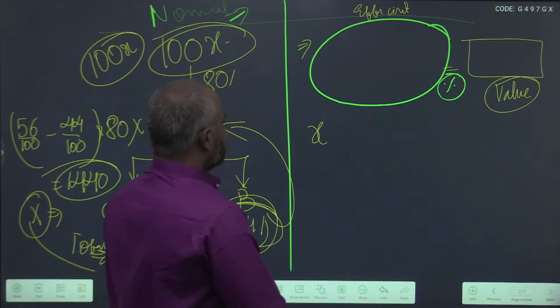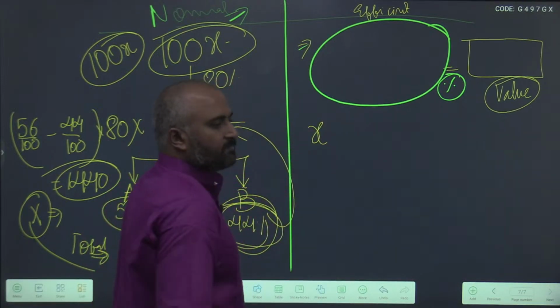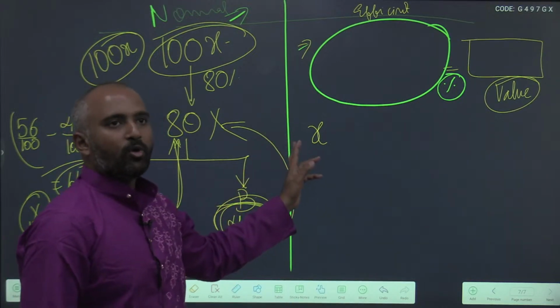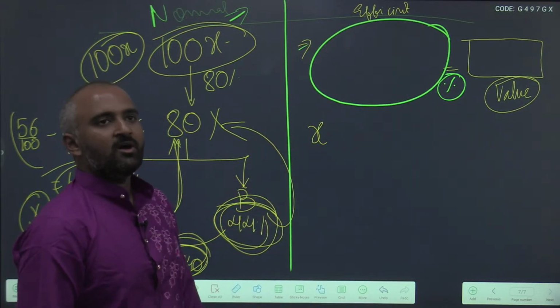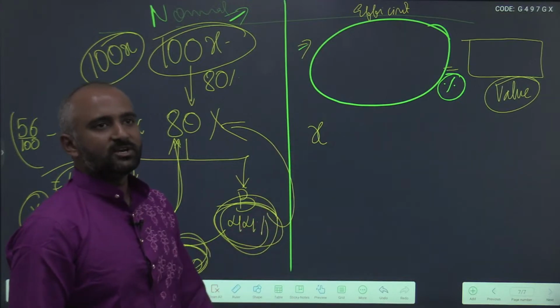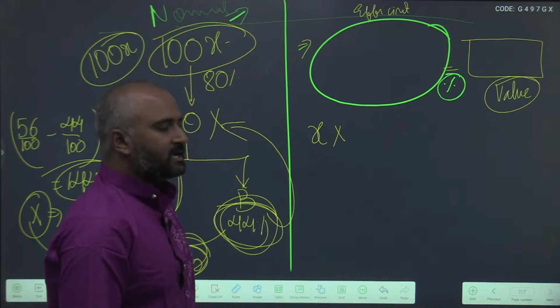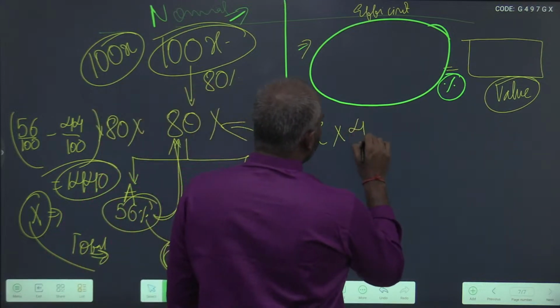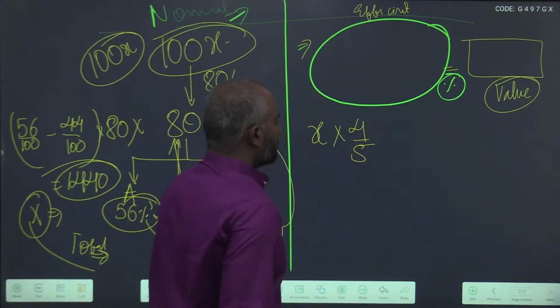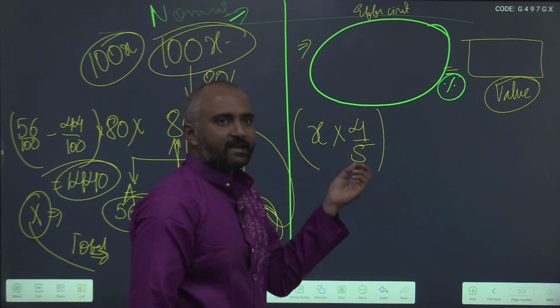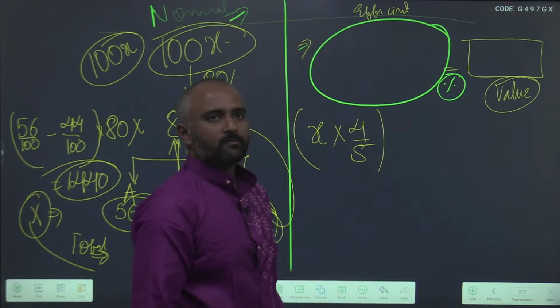First, if there is a total number of people, only 80% of them have voted. So what is the multiplication factor for 80%? It is nothing but 4 by 5. Now with this we get the total number of votes polled.